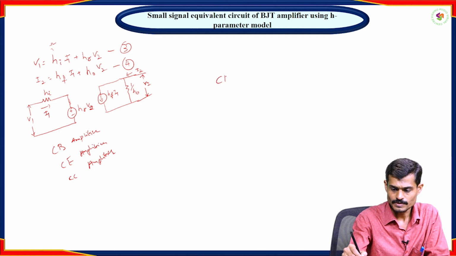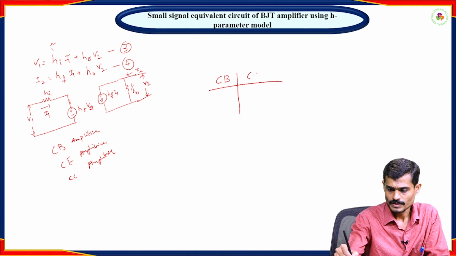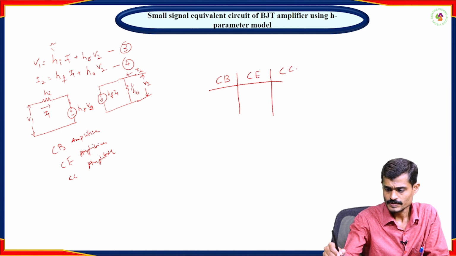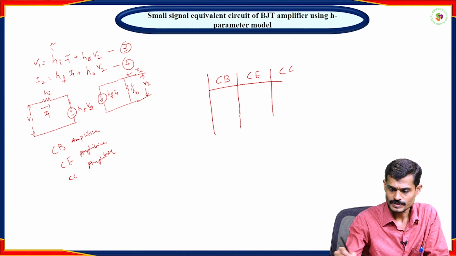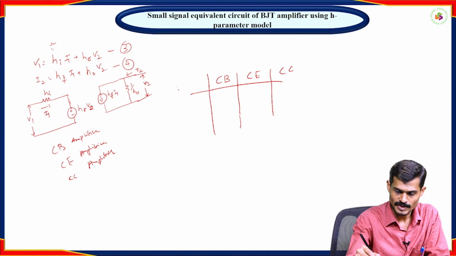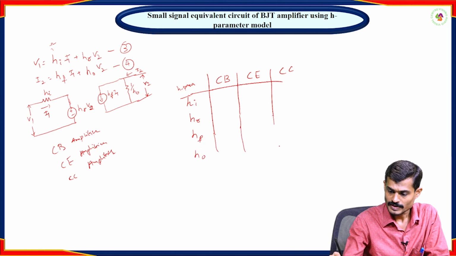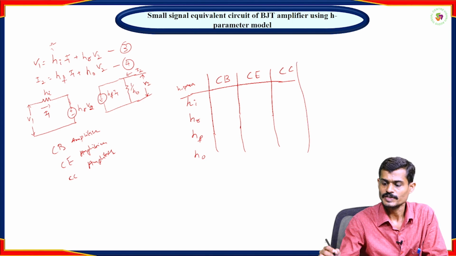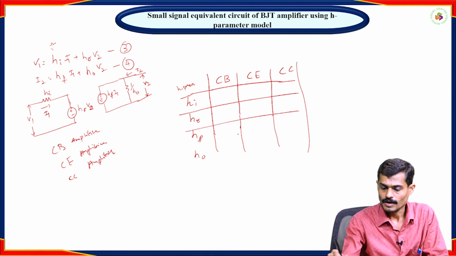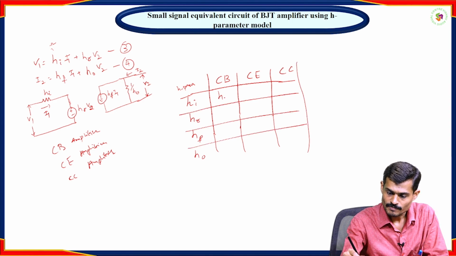For CB, CE and CC amplifiers, the H parameters are HI, HR, HF and HO, represented the same way.